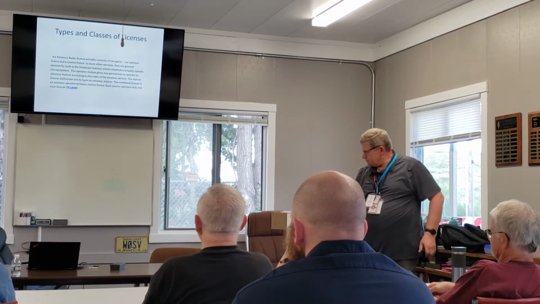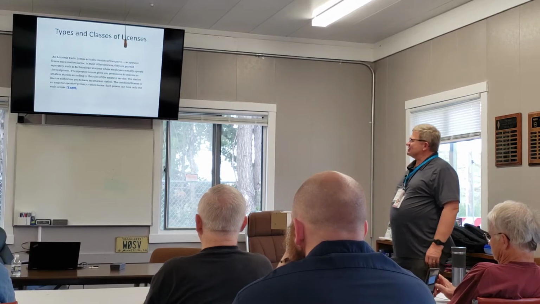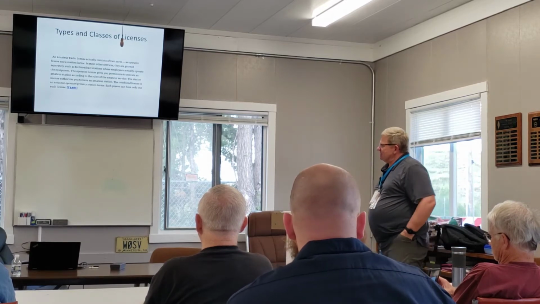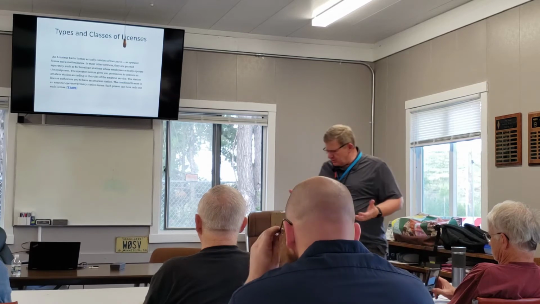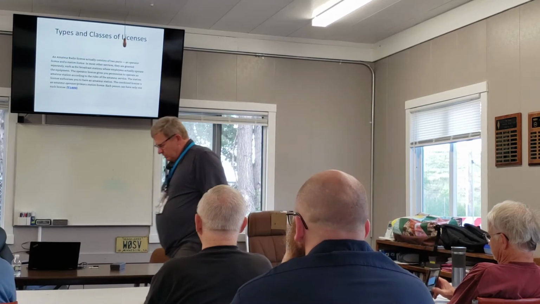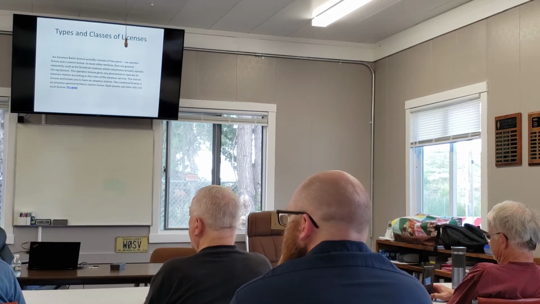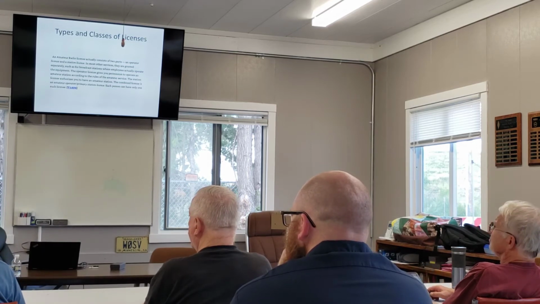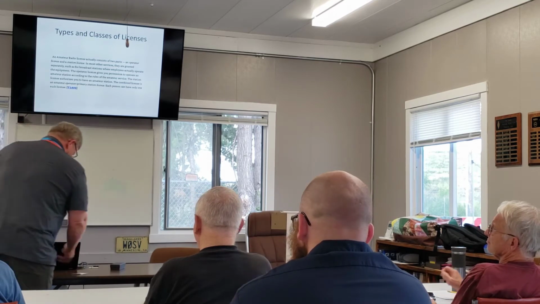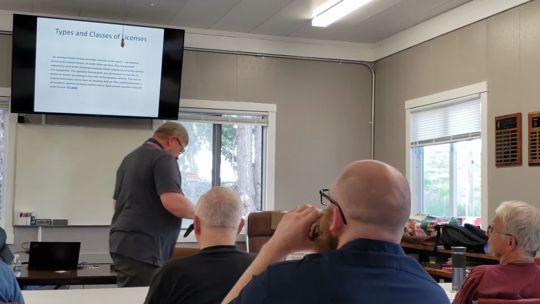Okay. So the types and classes of licenses. So if you think of an amateur radio license, and do I have mine in here? Yeah, I do. Holy moly. I'll show that later.